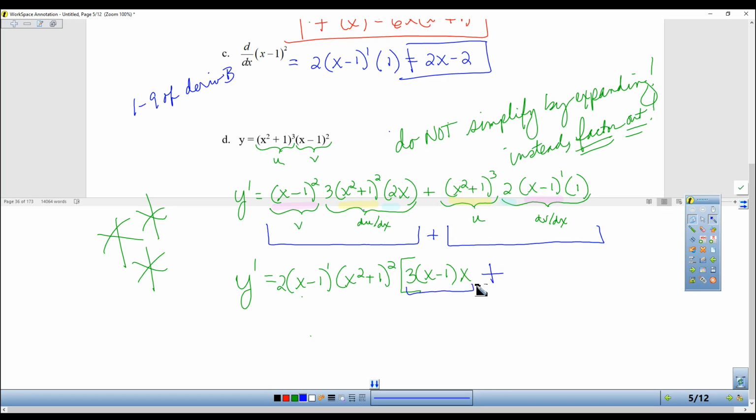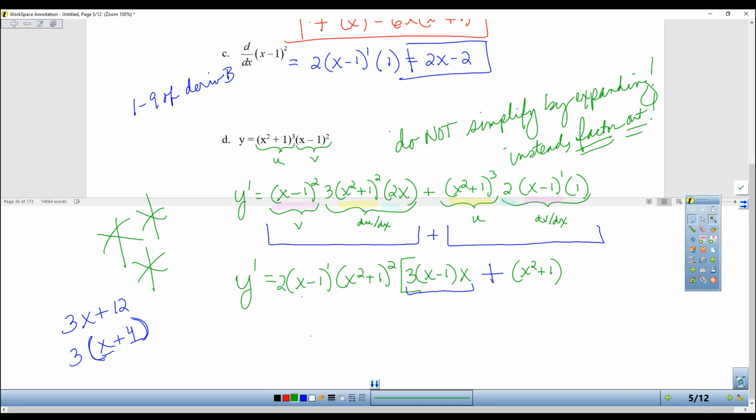Just like any other kind of factoring, if you did 3x plus 12, if there's 2 terms to start, there's going to be 2 terms in the end. You have what you took out, you have your parentheses, and then you still have 2 terms. Here's what I took out, here's my first term, and here's my parentheses. So now on the next one, I look and I say, oh, x squared plus 1 cubed, I took out 2 of them, so there's still an x squared plus 1.